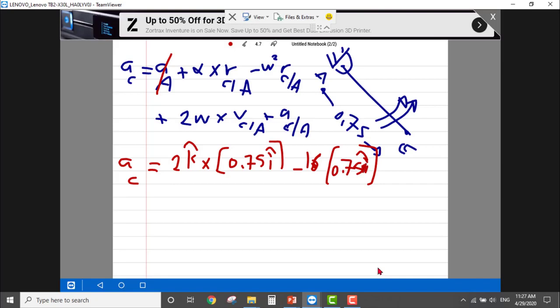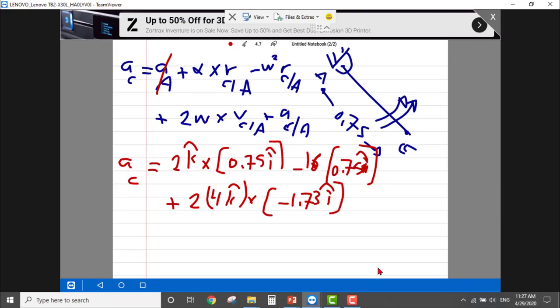Plus 2 multiplied by omega, which is 4k, positive, cross product VCA. We could find it in the previous part, which was minus 1.73 in the I direction.